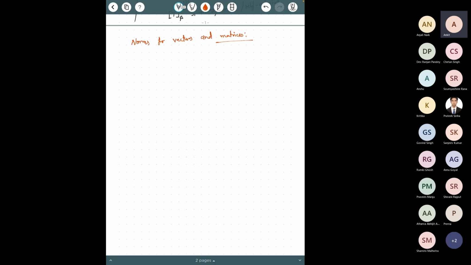So suppose we want to ask what may be said about the size of matrices, which may be thought of as vectors in a higher dimension space. So matrices can be seen as vectors in a higher dimension, right?